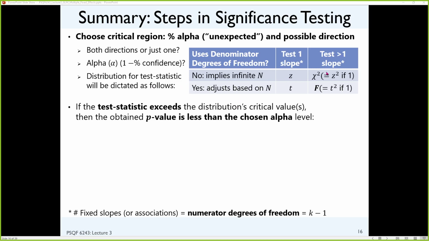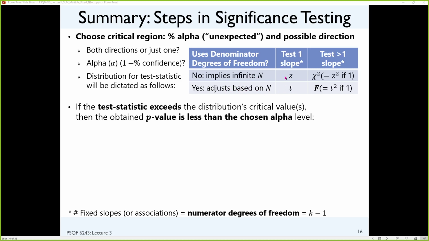Then what your test statistic is, to answer the question of whether something is significant or not, boils down to 2 dimensions: if you're testing one slope, or if you're testing more than one slope. If I want to know, for instance, if there's a difference between control and treatment, one slope, I do that with t because I want to pay attention to my sample size. I don't want to screw things up by ignoring sample size.